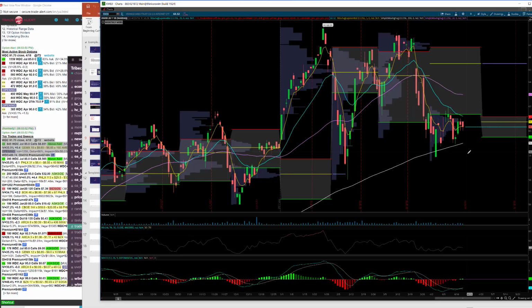Because what'll happen, let's say you use a stop right here. You're going to stop yourself out for 25% of that option position, and then the next day it's going to rally. So you just can't, does that make sense?